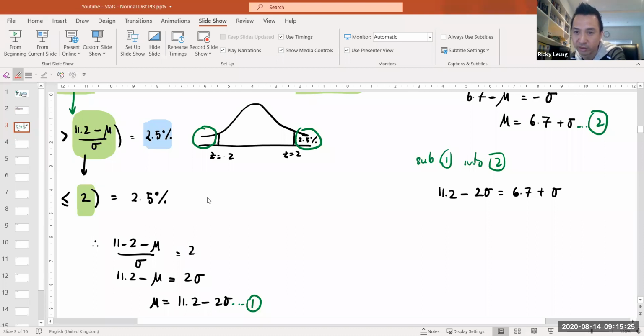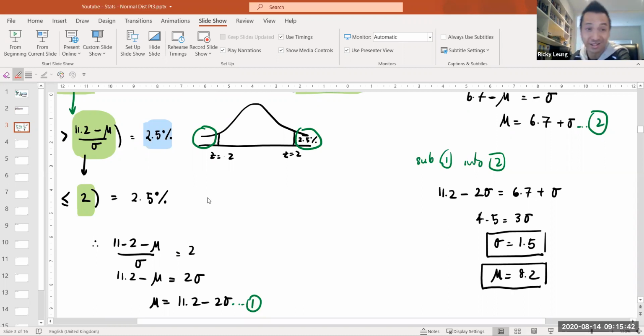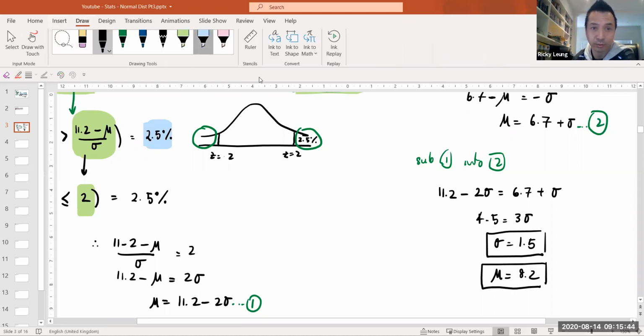I think if you minus it over, 4.5 equals 3 sigma. Sigma is 1.5. Brilliant. And if you sub that into either this one or the other one downstairs, then mu should be equal to 8.2, right? And that's my answer. Yeah, that's my answer.